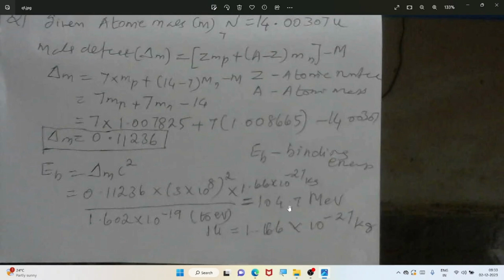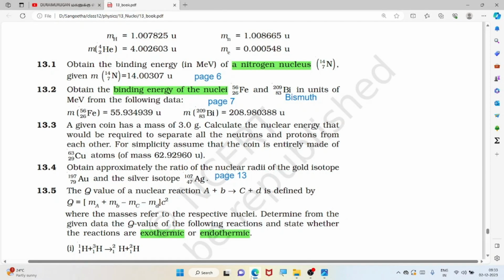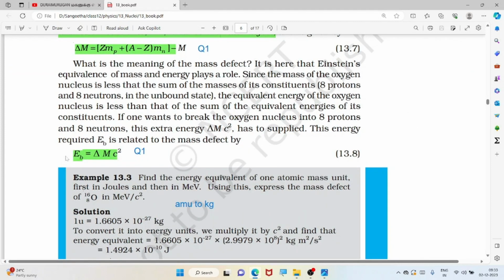Then after that you will get this many mega electron volts. This is the equation for mass defect, and this is your binding energy.